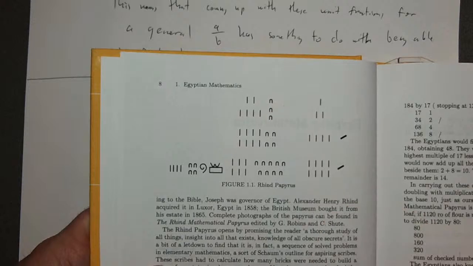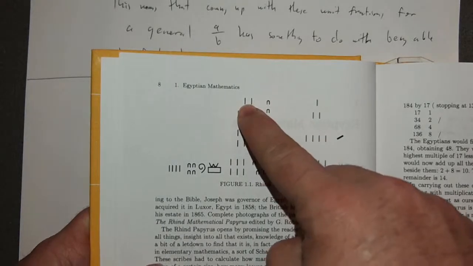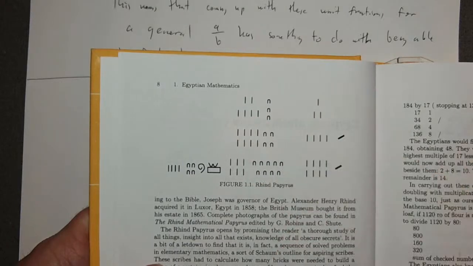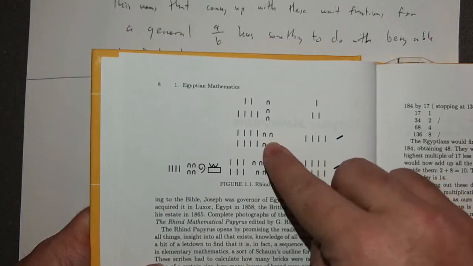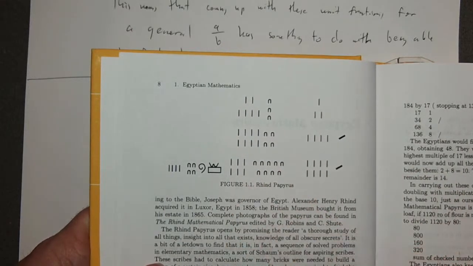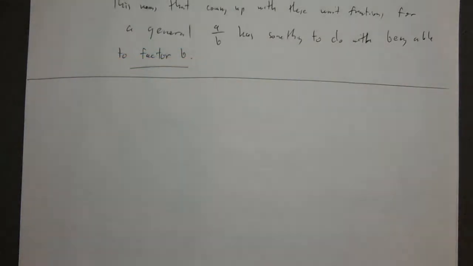So this was a base 10 system. So this was 10 and 2, right? That was 12. So this was 2 10s and 4 1s, so 24. And this was 48 because it's 4 10s and 8 1s. And this is 9 10s and 6 1s, right? So it's a base 10 system.